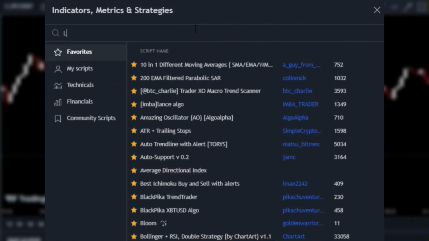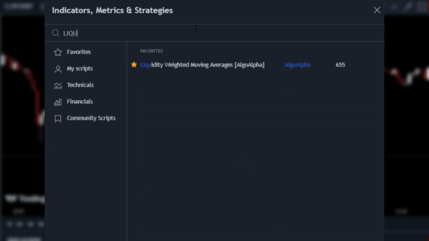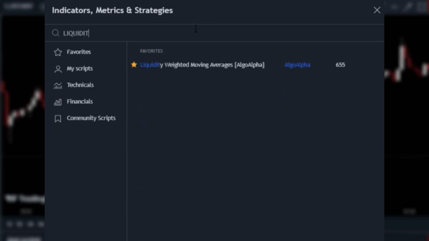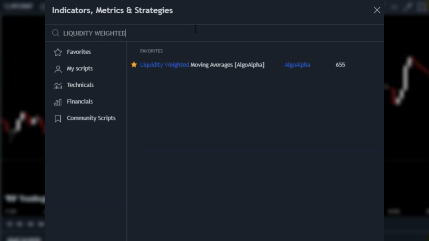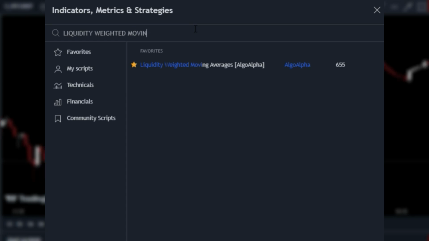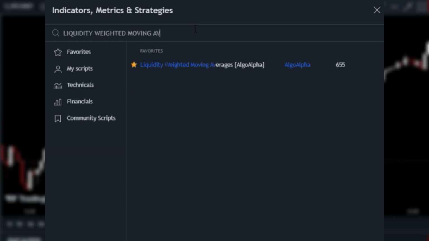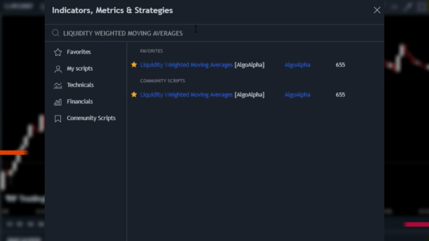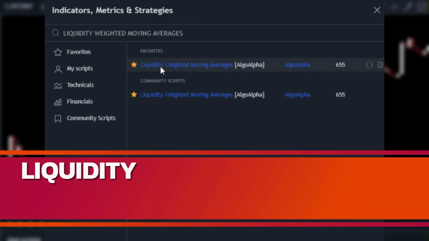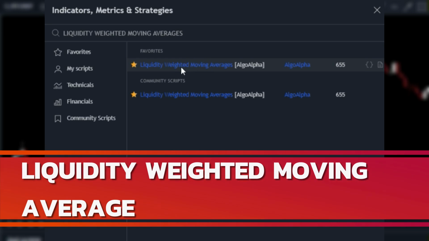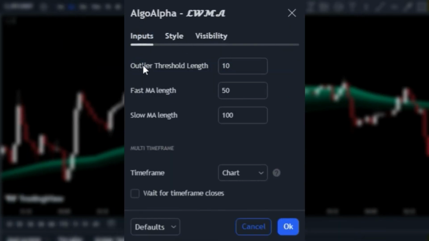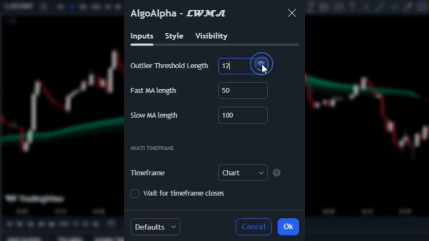So without further ado, let's add the Liquidity Weighted Moving Average indicator. Once added to your chart, I will guide you through fine-tuning the essential settings.